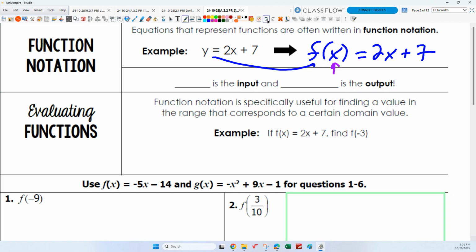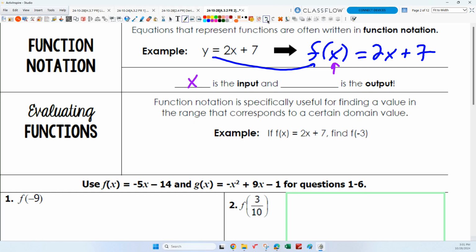X, absolutely. And how do you know? Because it's the variable that's in the parentheses in function notation. That's always the way it works. The variable that shows up in the parentheses is the input variable, right? So x is the input.